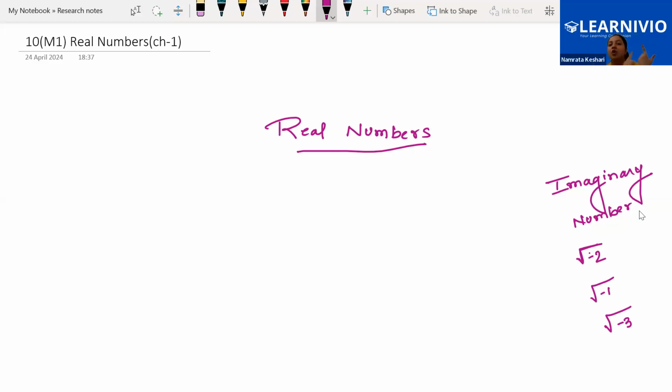One thing we have already discussed: a rational number must be in the form of p by q, where q must not be 0.